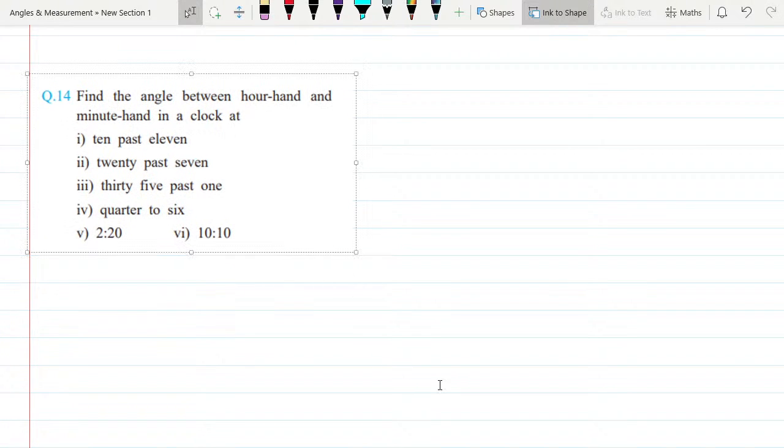Cool. If you have any doubt, you can ask here. Do not hesitate to ask your doubts, please. Shall we proceed to question number 14? Yes, please.